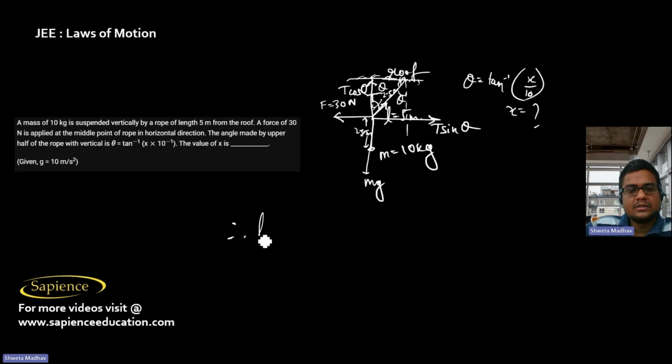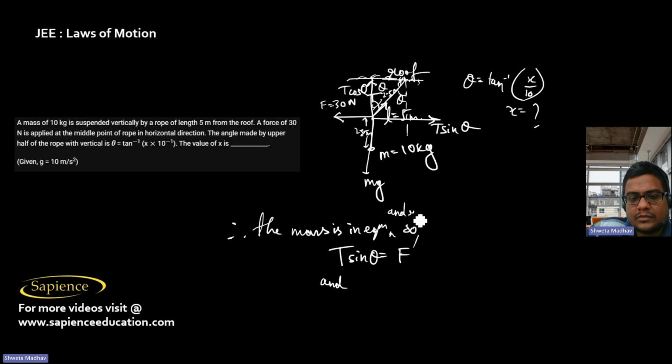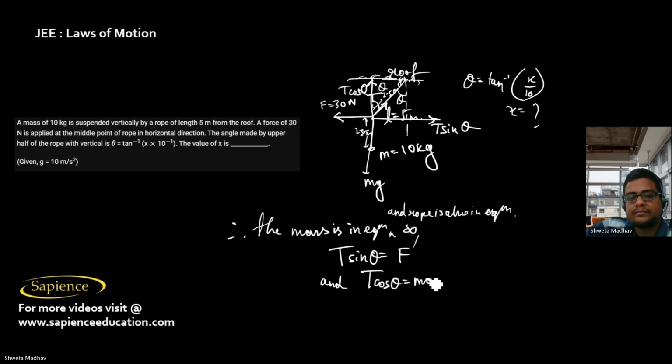Since the mass is in equilibrium, and the rope is also in equilibrium, we can say that T sin theta will be equal to F, and T cos theta will be equal to mg.